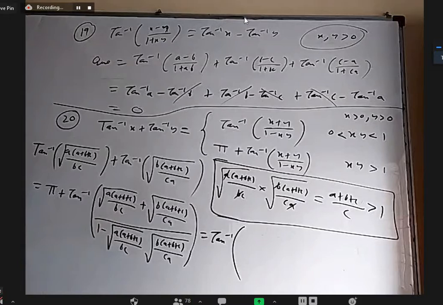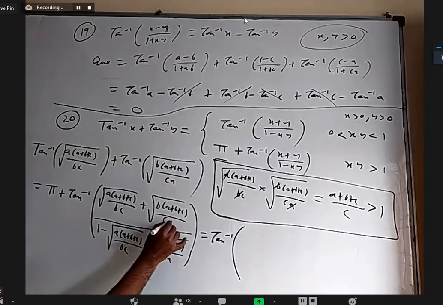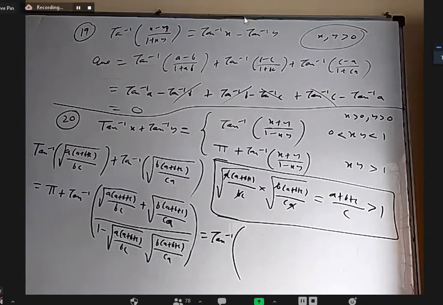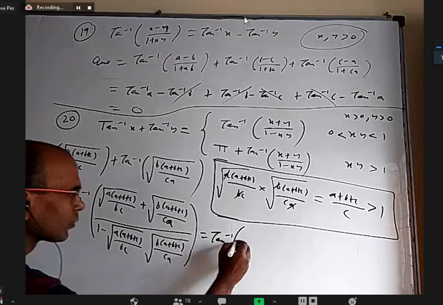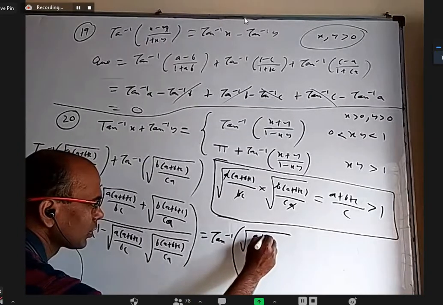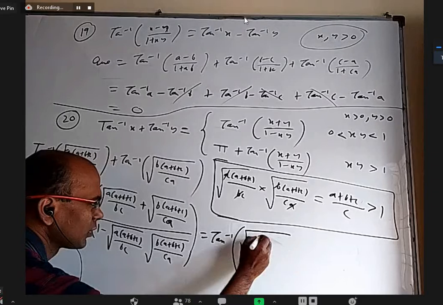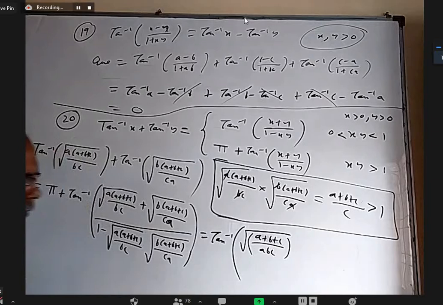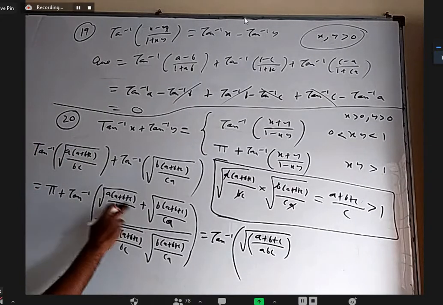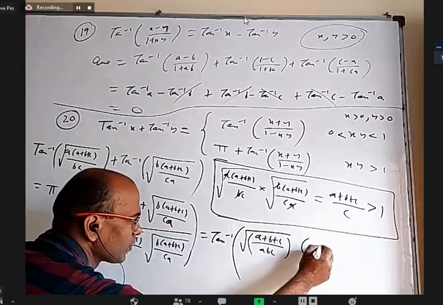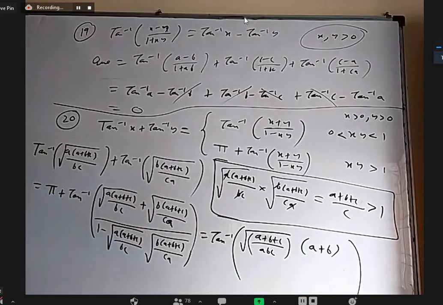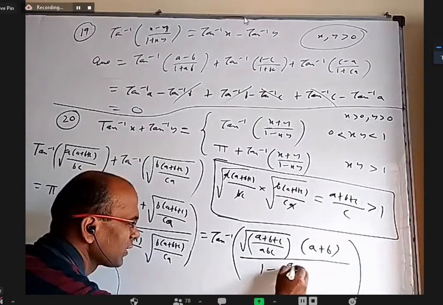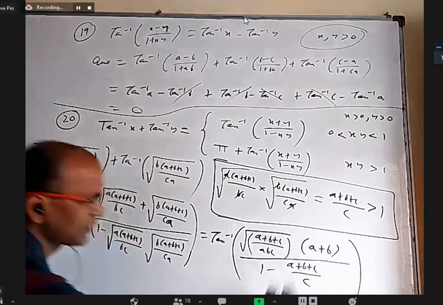Here I can take root of (a plus b plus c) by c common. I am going to take root of (a plus b plus c) by abc common. For that, I have to multiply the a here, b here, b here. So I will be left with a plus b. This product we already discussed there. It is 1 minus (a plus b plus c) by c.